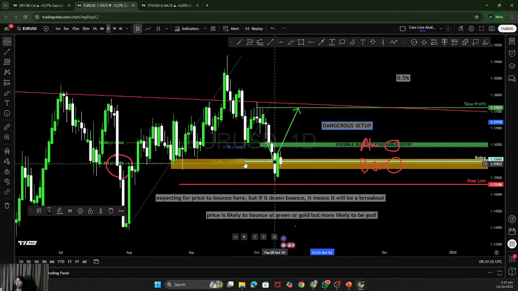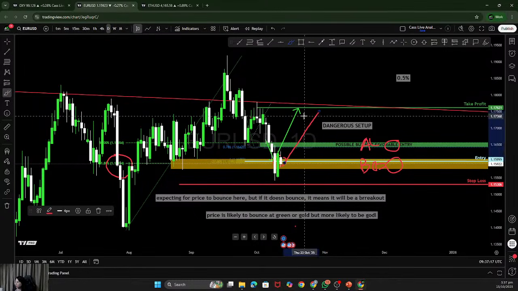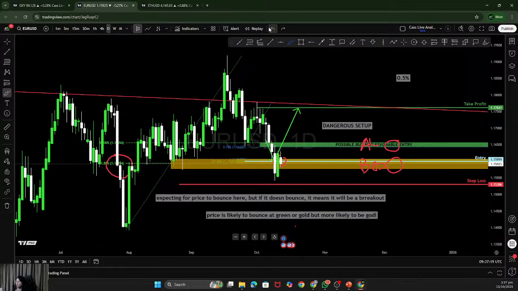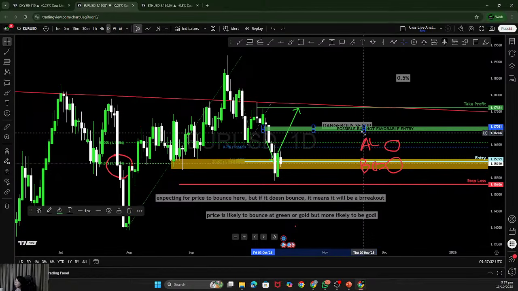If it's a reversal candle, I would have quite a bit of confidence to get in for this buy. Depending on how this candle closes, that's when I decide whether I'm going to get in for the buy.